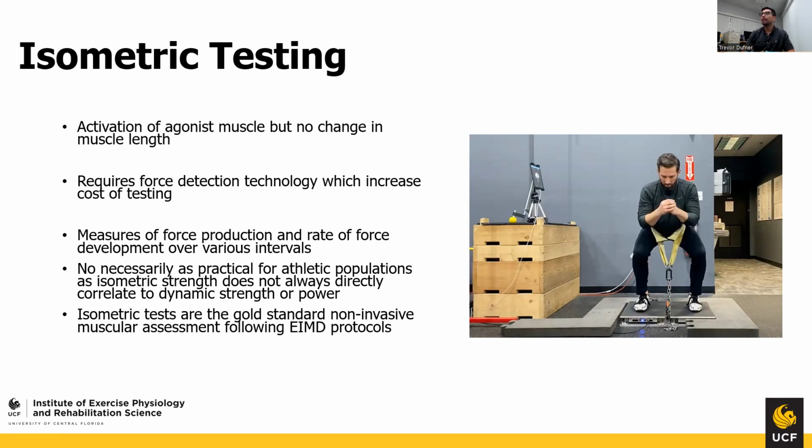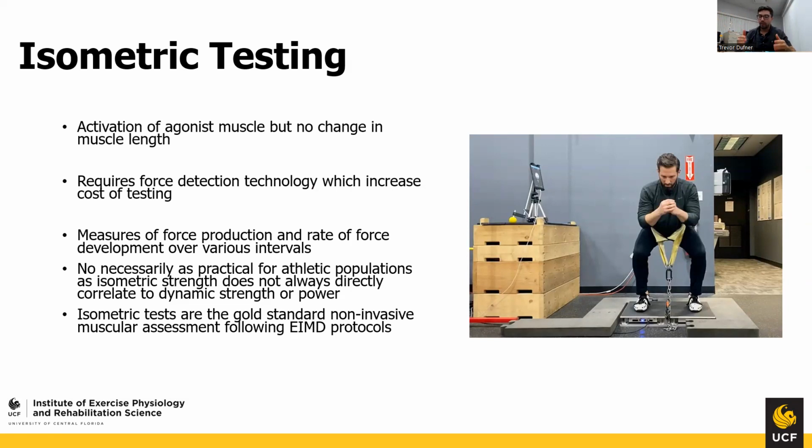So if you're trying to measure maximal dynamic strength, how explosive is somebody? Just because somebody can produce a lot of force in a stable, non-moving muscle contraction does not necessarily mean that they're going to be able to jump higher, which is something that you might want in your sport. Not necessarily going to mean they're more explosive. It's a good proxy measure of it. People who typically have higher isometric strength will typically have more explosive capabilities.